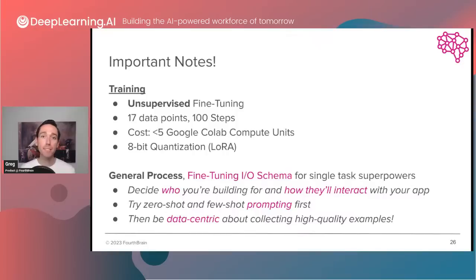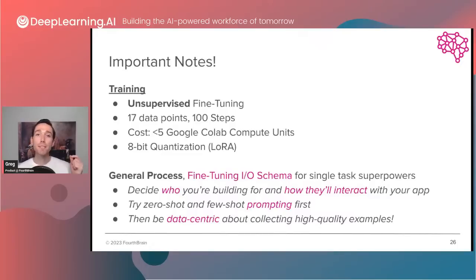So, pennies, we're getting this done for pennies. And we're using a really massive model to kick things off with. We could even take the quantization a bit further with QLoRA if we wanted to. In general, this process of fine-tuning the IO schema is going to give us single-task superpowers.